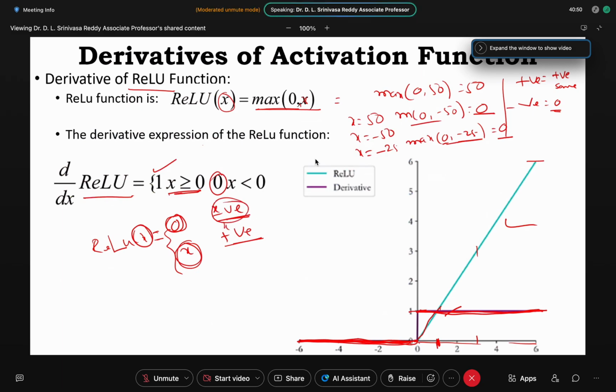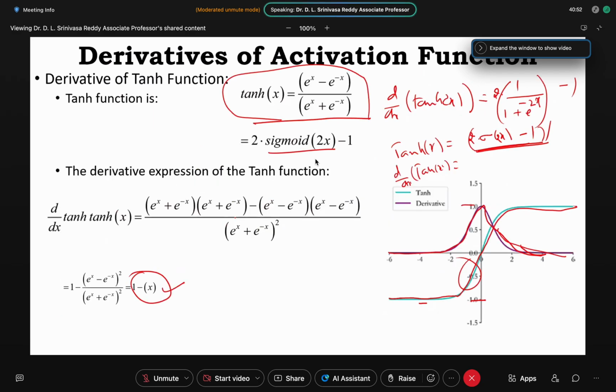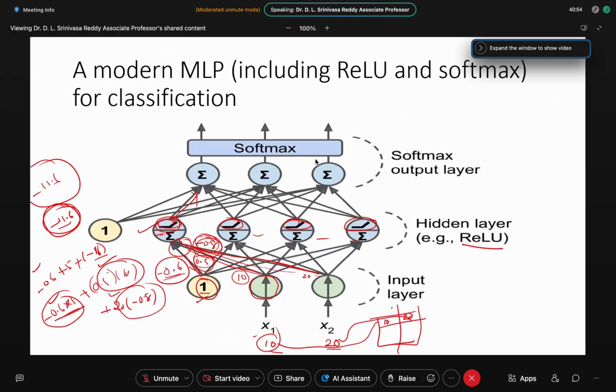So now tell me, what is the value as an output from this neuron? Anyone? I told you that it is a ReLU function. What is the output?